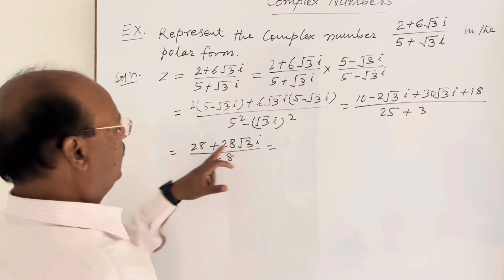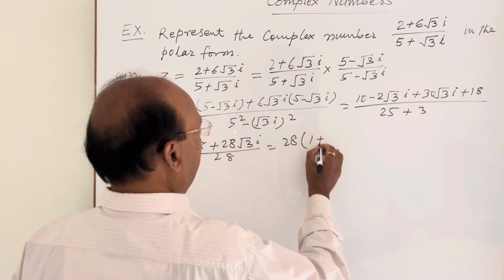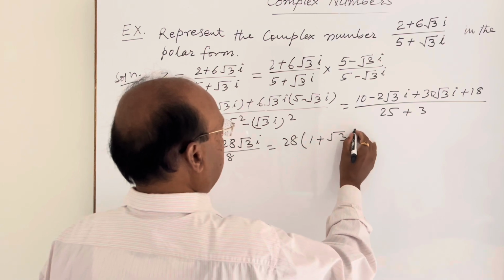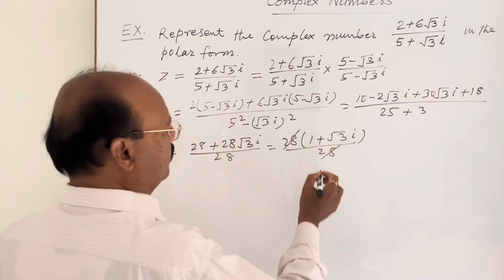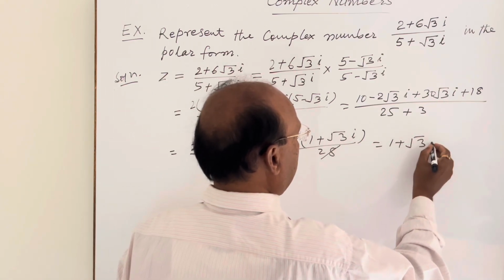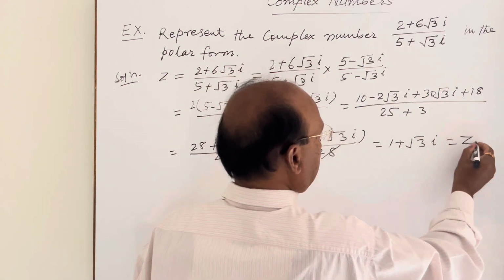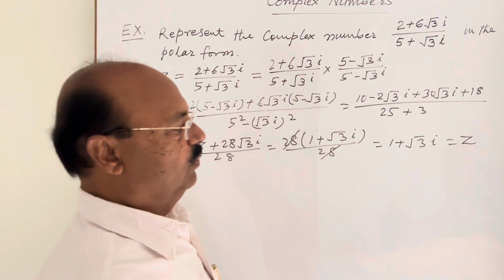Here 28 will be common in the numerator, so 28 into (1 + √3i) upon 28. This 28 will be cancelled out. So this is equal to 1 + √3i. This is the Cartesian form of this given complex number.